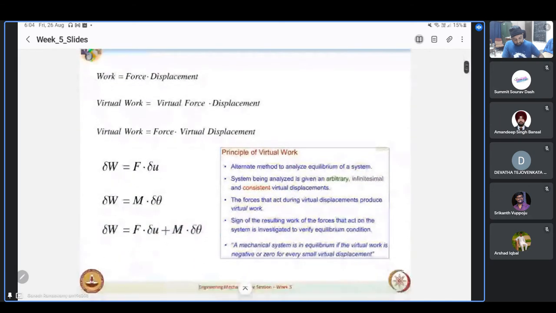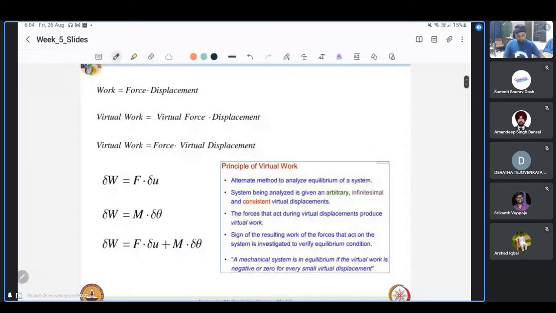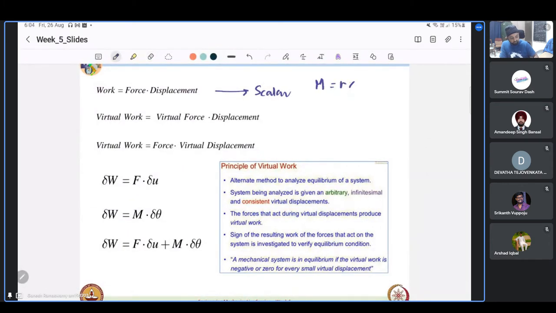So first thing we need to keep in mind is work. What exactly is work? Work we get from a dot product, and so work is a scalar. Moment is R cross F, as we have seen, right?